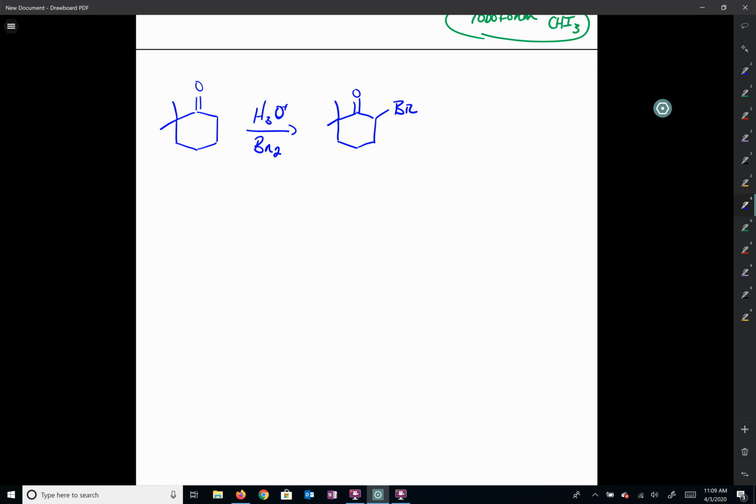The mechanism for this isn't all that different from what you might expect, right? The first thing is, we've got an acid, so use the acid. I'm just going to abbreviate it as H+. So we end up doing this.